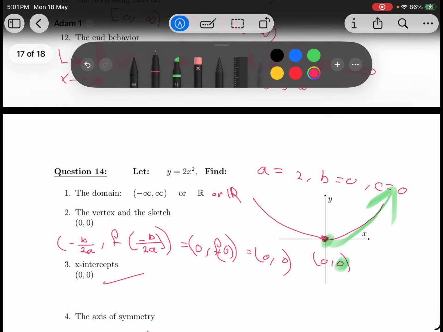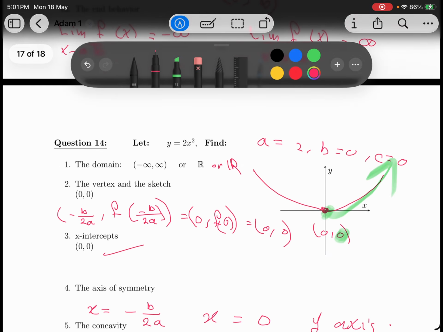And the end behavior. You know, this function is shooting up, whether x goes to infinity or to minus infinity, the function is going extremely, unboundedly large.